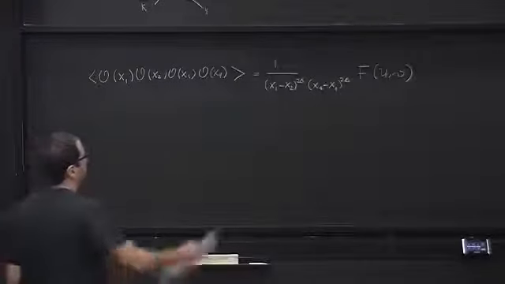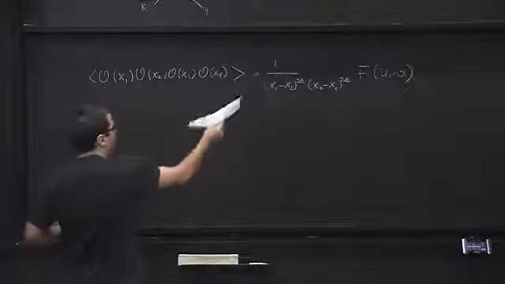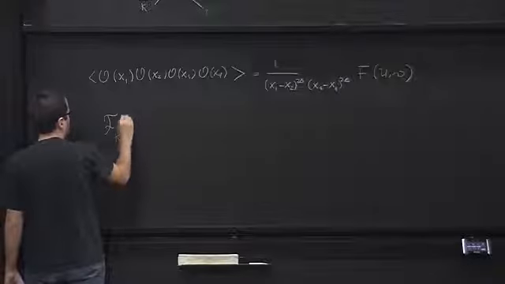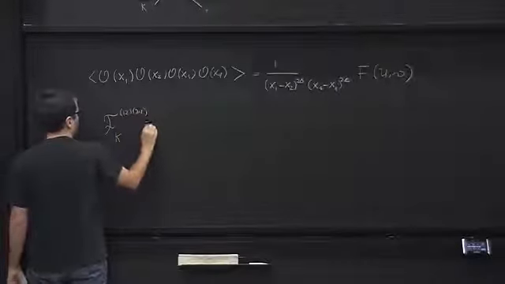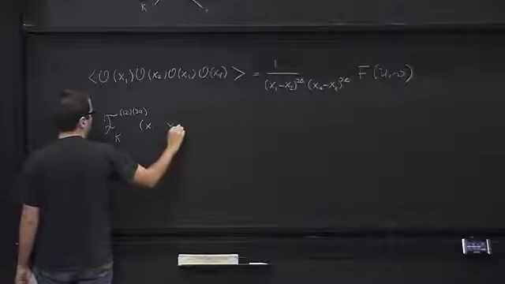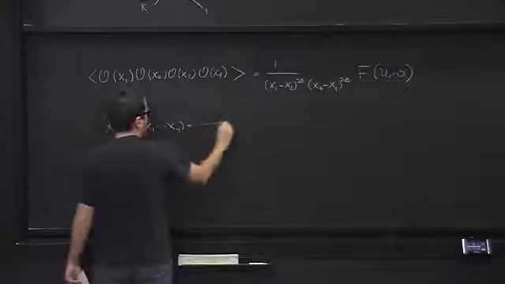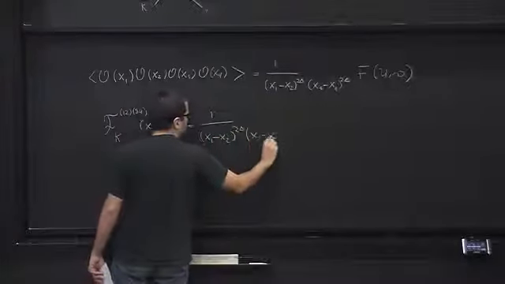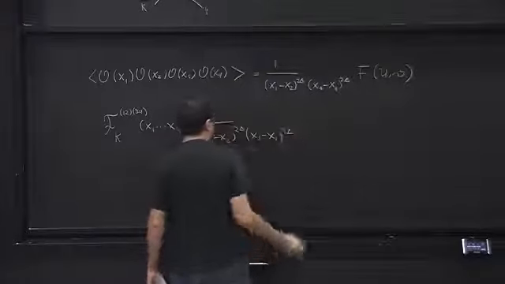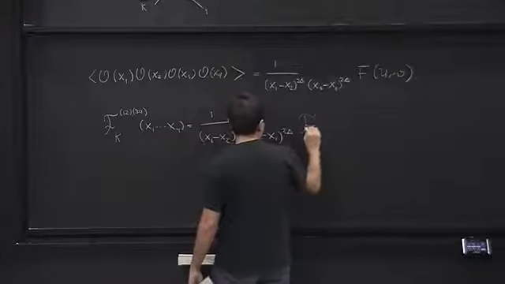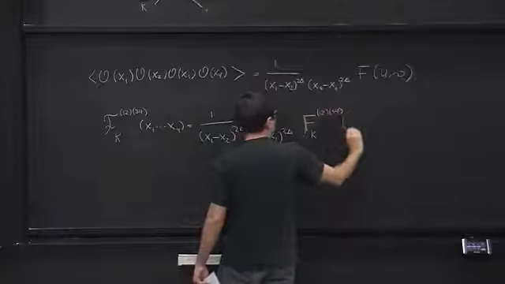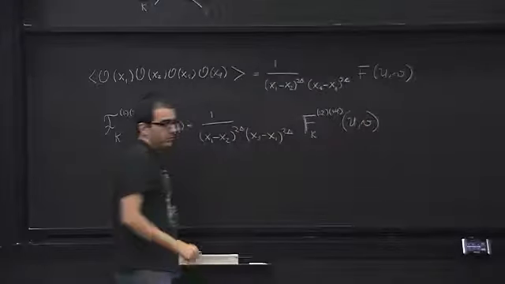So what this means is that the nice way of writing this conformal block f_k that depends on x1 up to x4 is taking out this factor, |x1 minus x2| to the power 2 delta, |x3 minus x4| to the power 2 delta, times some conformal block, let's call it straight f_k, that will only depend on the cross ratios u and v.